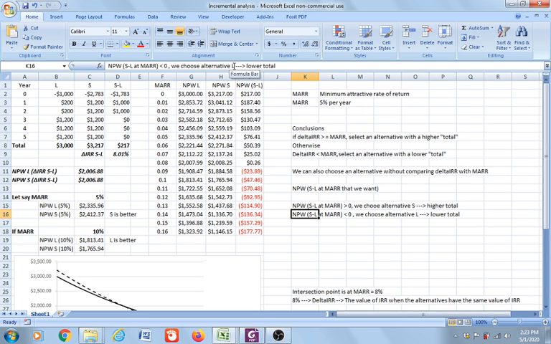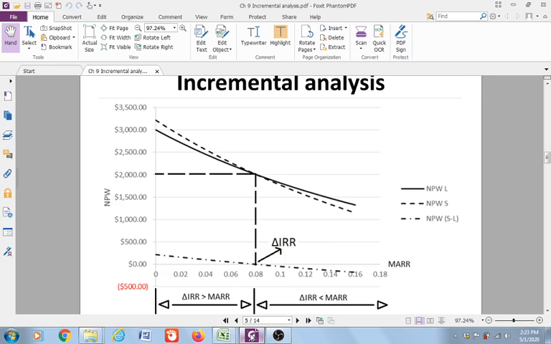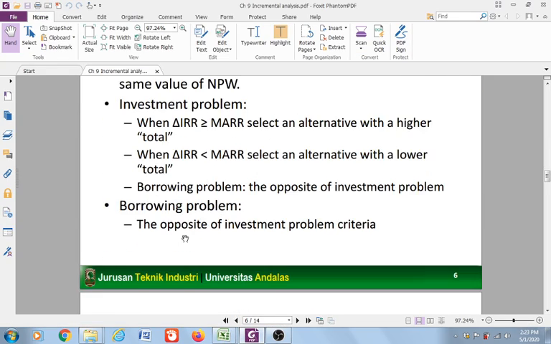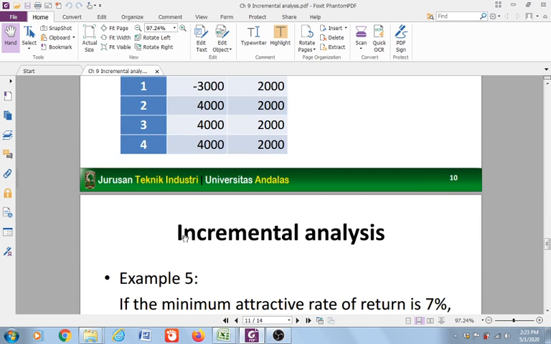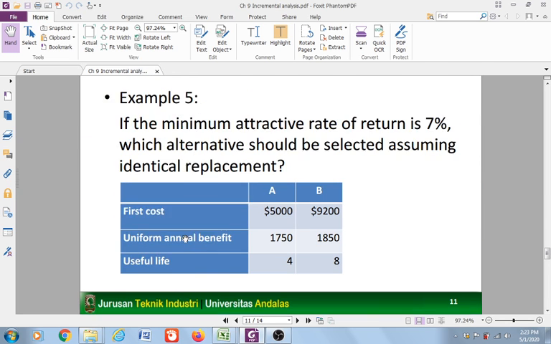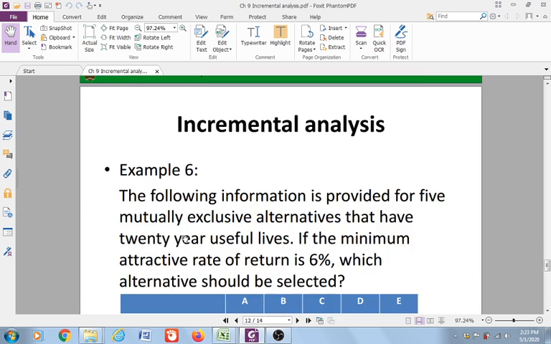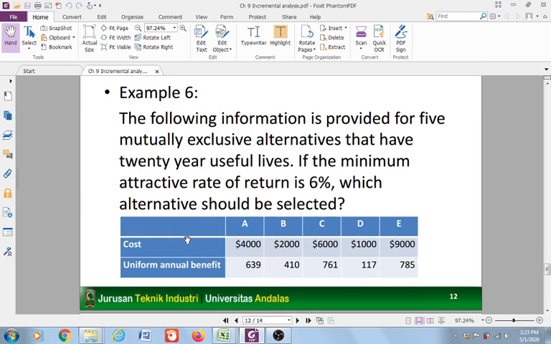Now in order to make it more clear, I will use two examples. I will choose example number 6.